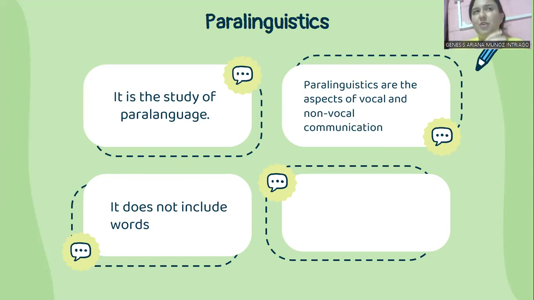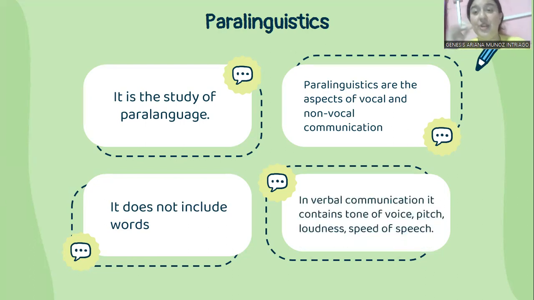Okay, when we are talking about non-vocal communication, it does not include words, and when we are talking about vocal communication, it does not include words either. Okay. When we are talking about non-vocal communication, we are referring to the body language, the gestures, and the facial expressions.